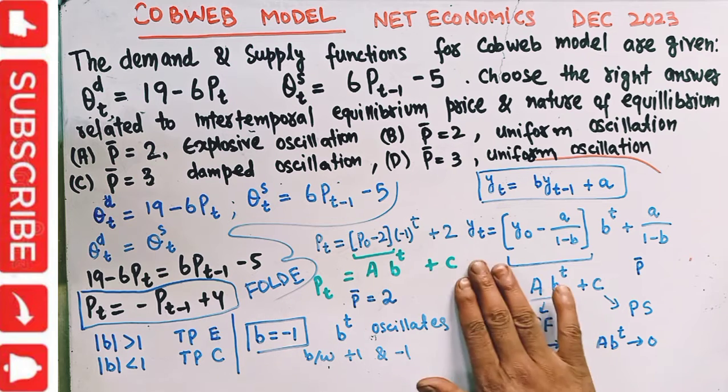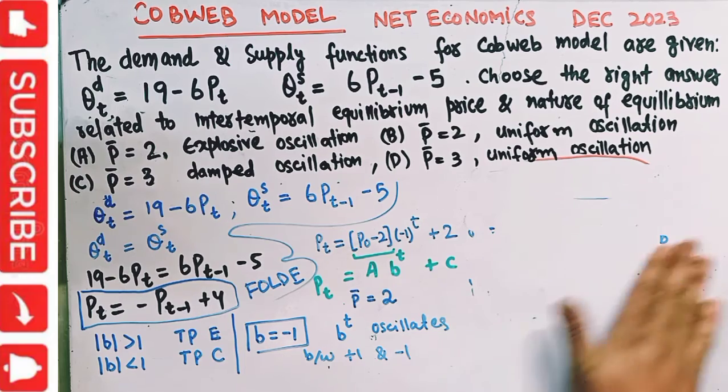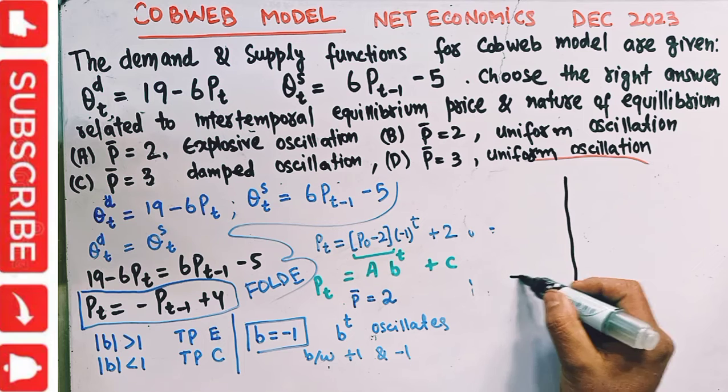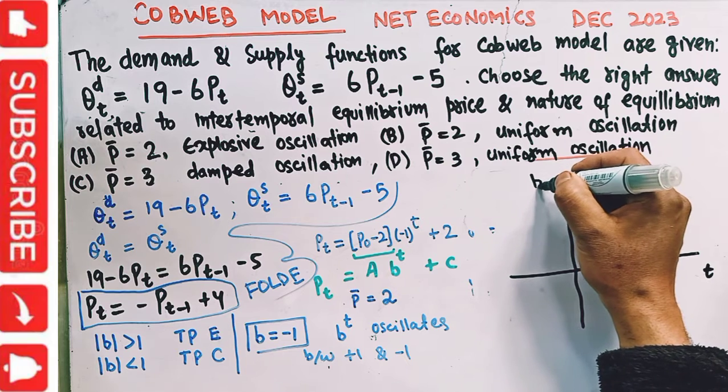Let me explain it here why. Let me rub this out. If we draw, let us say we have the time period here, and here we have b^t.